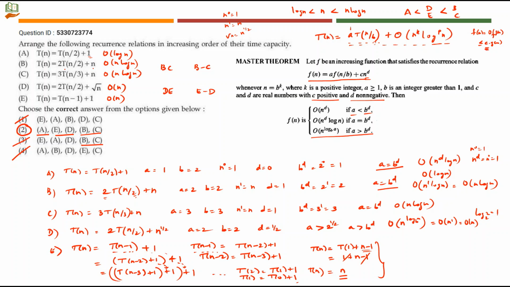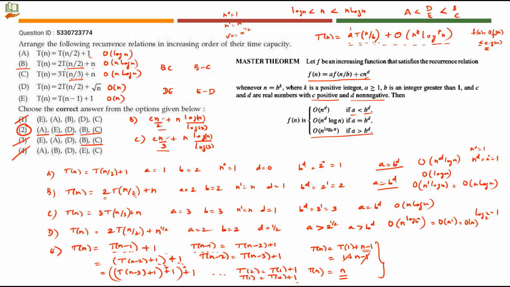This c, when it is computed for B, the c value will be c into n by 2 plus n into log n by log 2. When you compute it for C, this will be c into n by 3 plus n into log n by log 3.